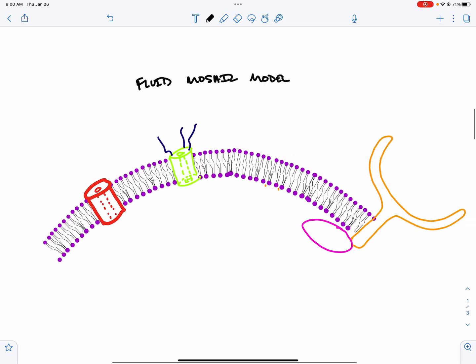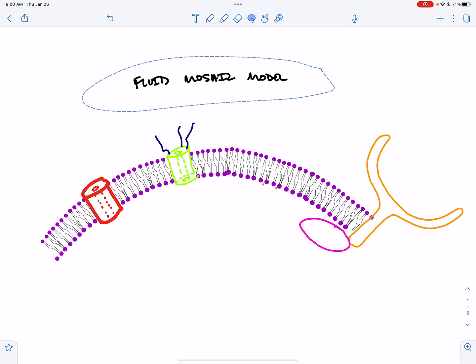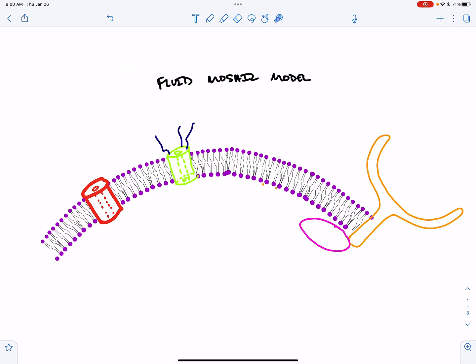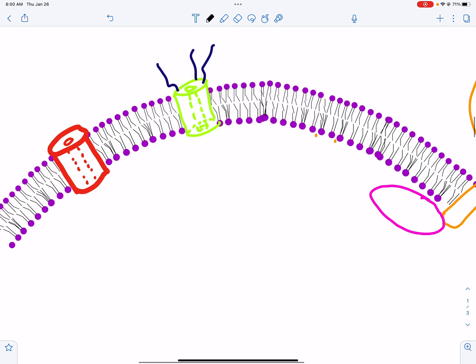So this is a more realistic interpretation of what the cell membrane would actually look like. It's going to be studded with a bunch of proteins. So here we have some examples of protein channels.